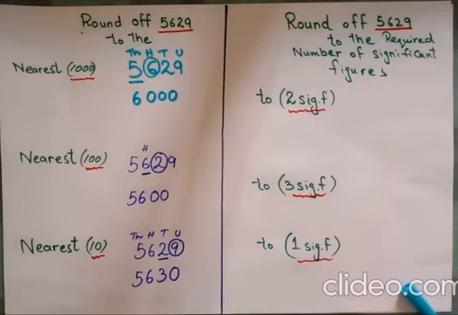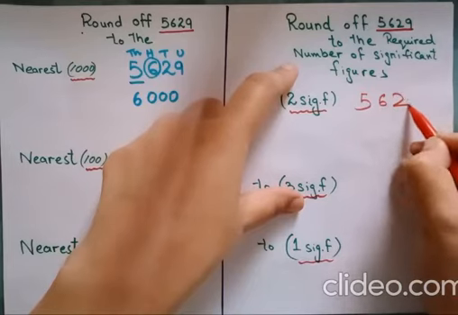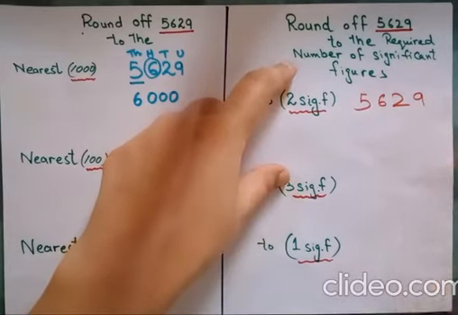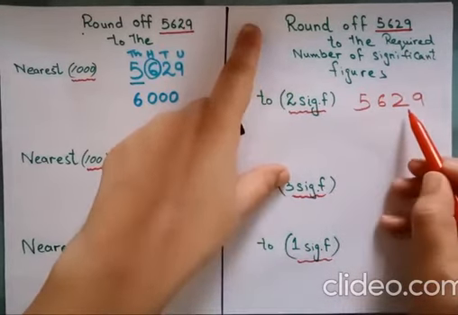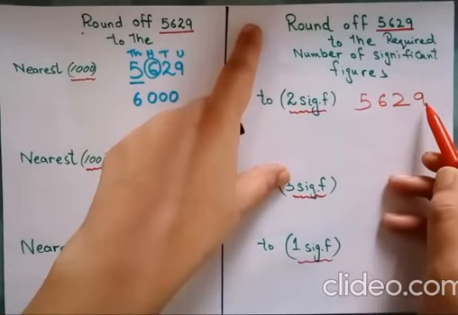Now moving towards rounding off to the required number of significant figures. For that purpose, I am going to write the number 5, 6, 2, 9. Now you can see these are all significant figures. First significant, second, third and fourth significant.